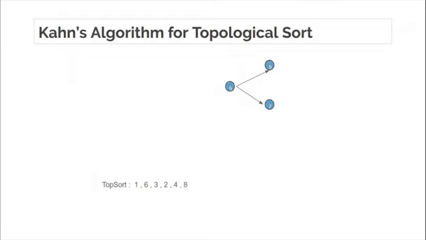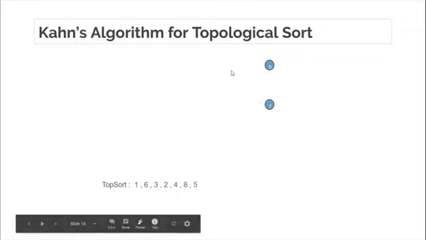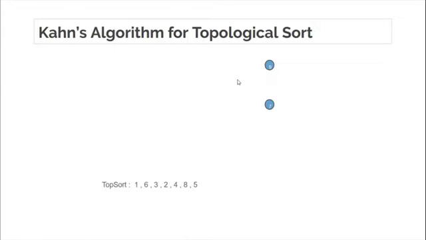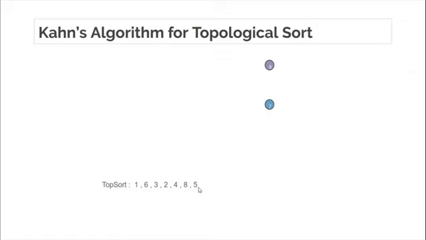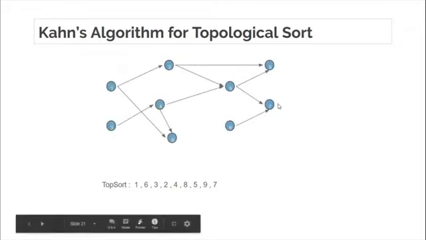We'll add 8 into the topological sorting. Now we only have one option, which is node 5, so we choose node 5, remove all of the corresponding edges alongside node 5, and add 5 into the topological sorting. After that you will choose 9 or 7, and then this is a valid topological sorting for this given graph.